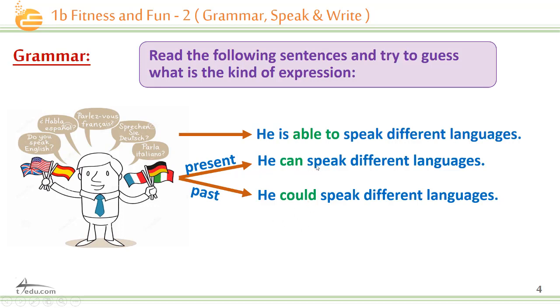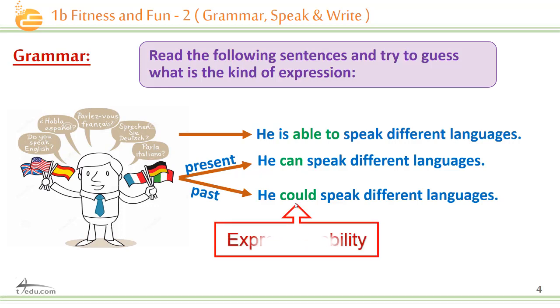Usually a modal comes first and then after it we have a base form verb. Here it is. We have the base form verb. Now, can we say what kind of expression this is? Yes, it expresses ability. The ability that he can.